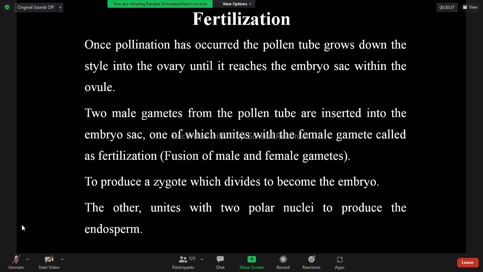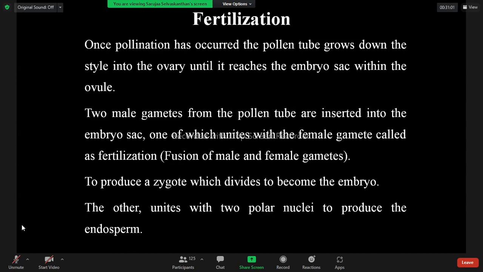Fertilization means fusion of male and female gametes together to produce a zygote, which divides to become the embryo, right? Soon after fertilization, the zygote is developed, and it divides to become the embryo.